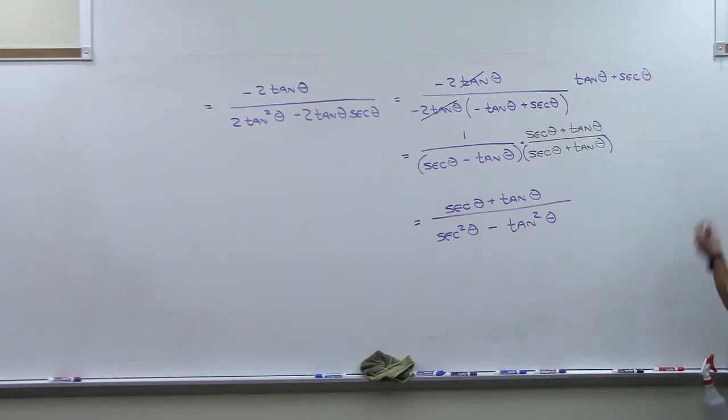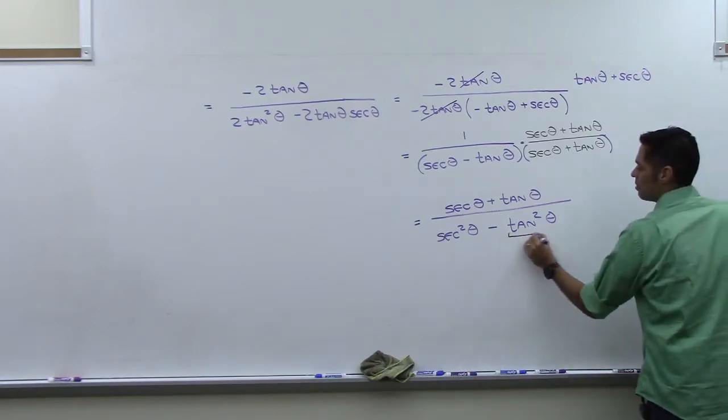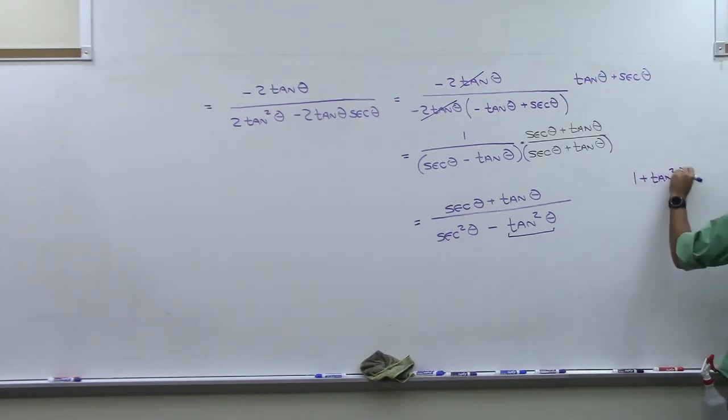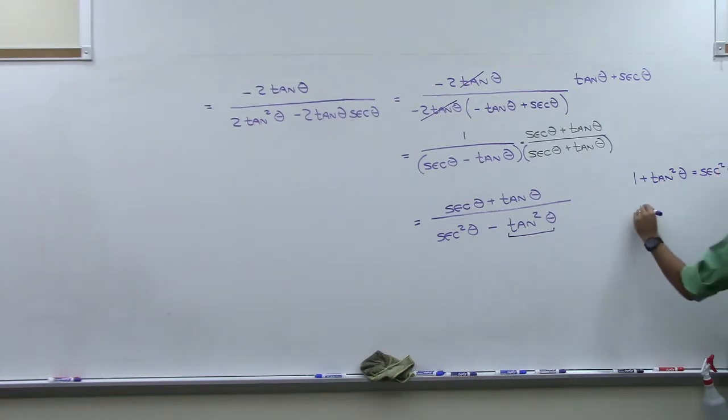Okay, now what? Let's replace tangent squared theta. So remember the identity, 1 plus tangent squared theta equals secant squared theta. So if I subtract 1 from both sides, I get secant squared theta minus 1 is tangent squared theta.